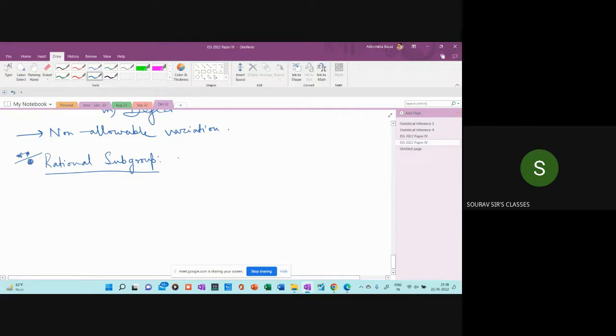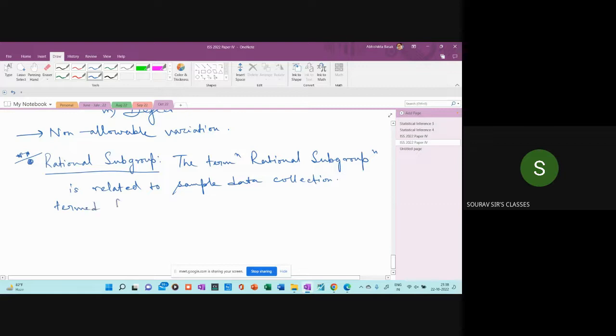So the term rational subgroup is related to sample data collection, termed by Shewhart.